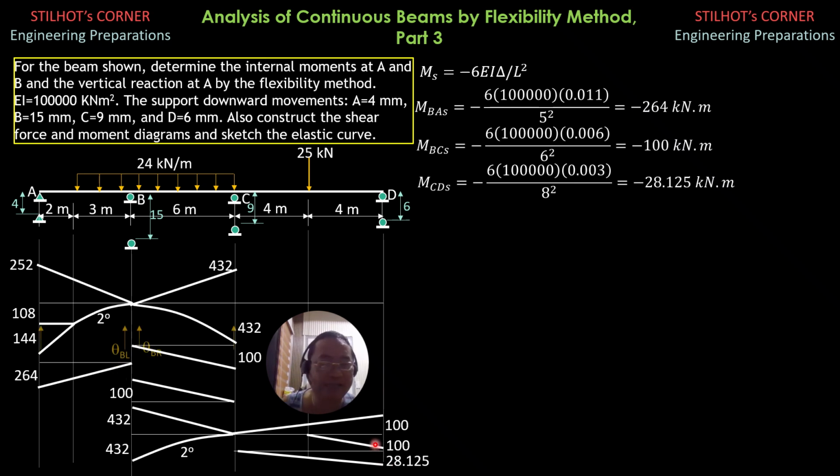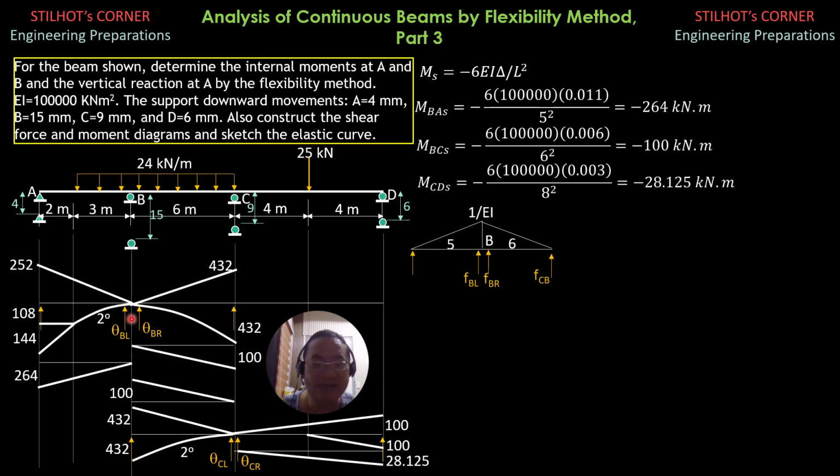We then compute theta B left, theta B right, theta C left, and theta C right, by summing moments about the end equal to 0. By the way, these are the force coefficients due to unit rotation at B. If we have a unit clockwise rotation, the reaction here should be 1 over 5.